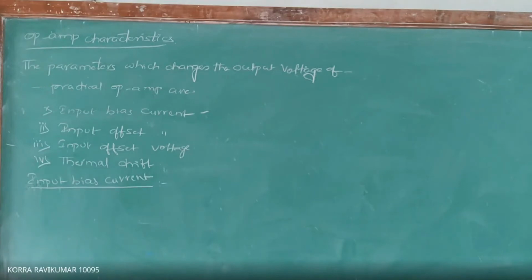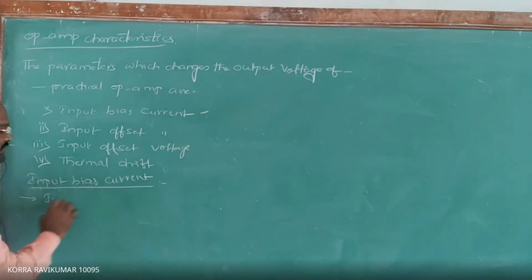The input bias current can be denoted with the letter IB.